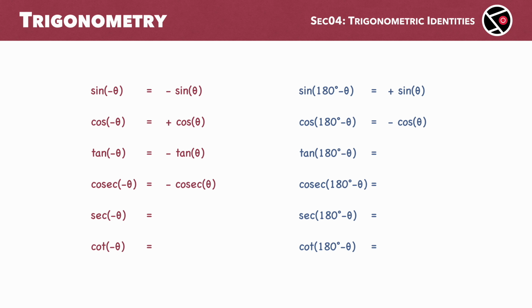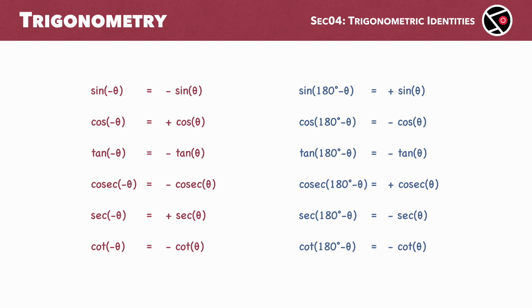We can use the same logic to figure out the other identities shown here. Just remember this key idea. Sine and cos are the fundamental trigonometric ratios. Once you understand these two, the rest are quite easy to derive.